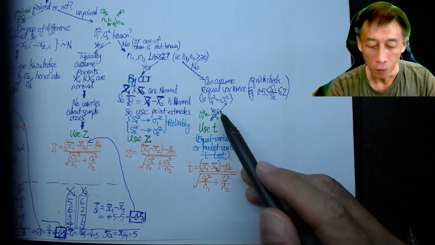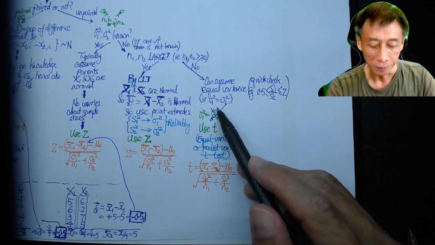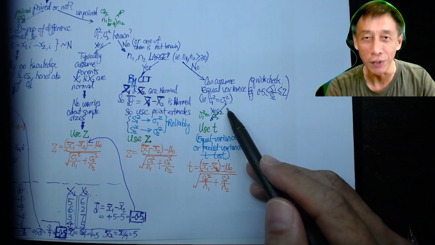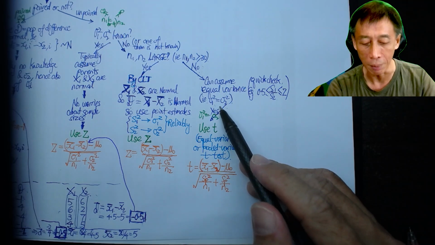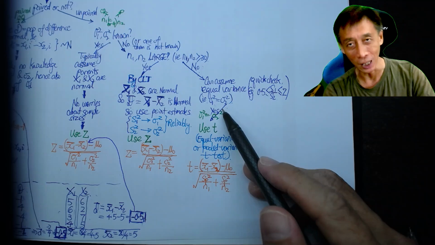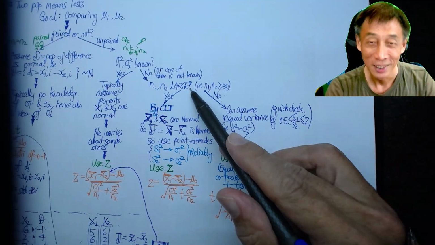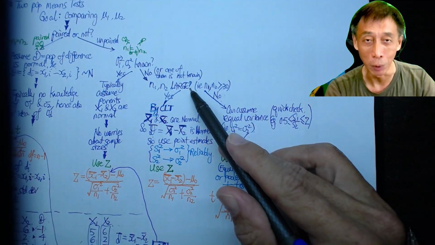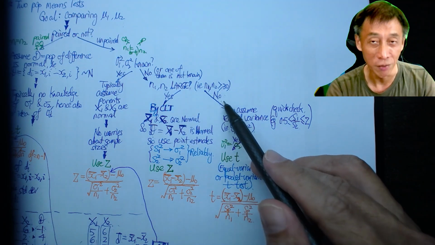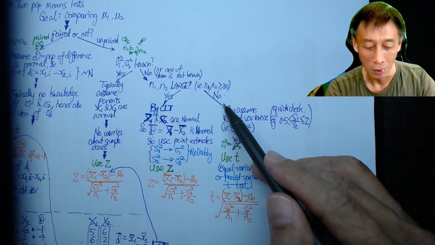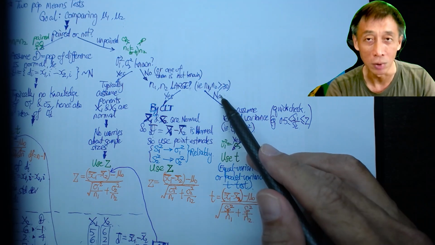But if we make such a trade-off and say, okay, let's assume that they are equal, what benefits do we have? Remember this part? Now we come back to here and say, wait, our sample sizes are actually very small, like N1 is 5, N2 is 4.